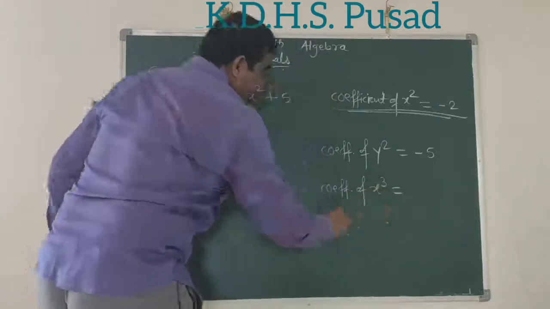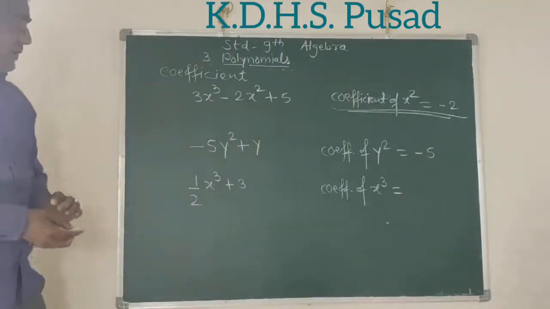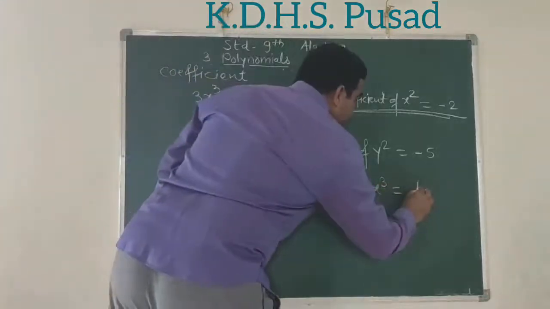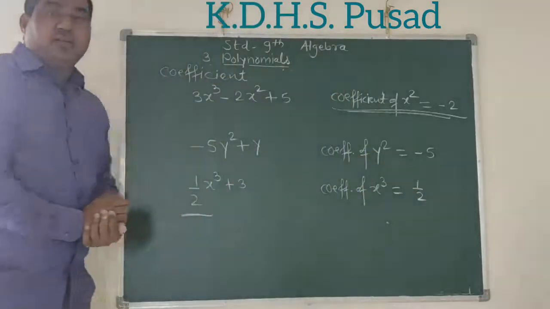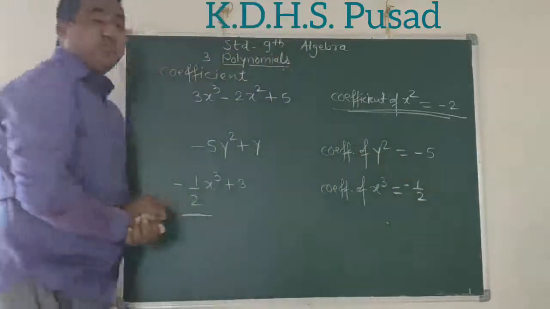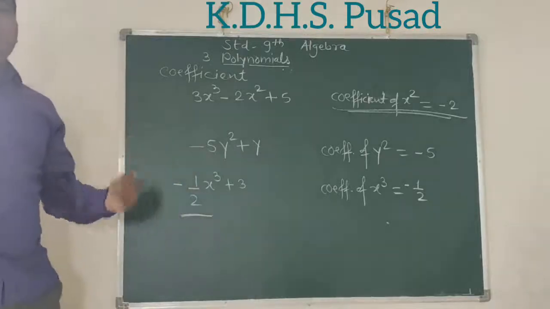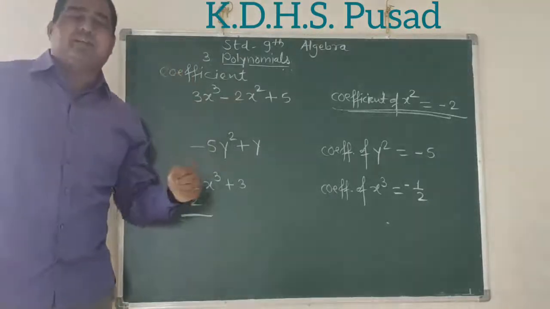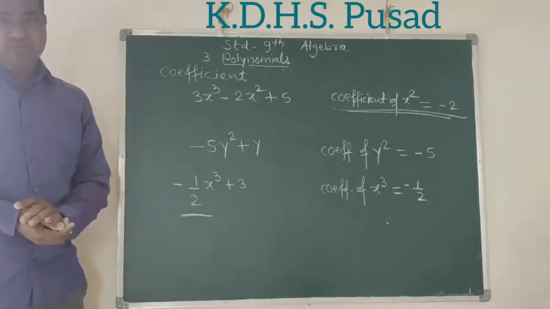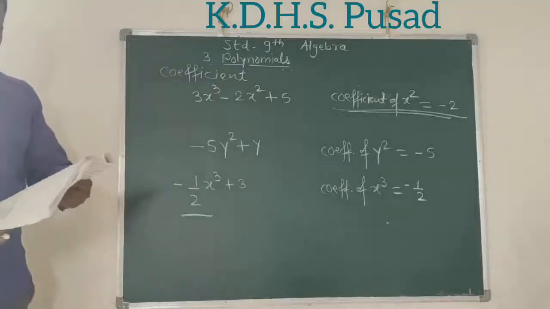Whatever integer is behind it, so here 1 by 2. If there is a minus sign, then there should be a minus sign. Okay. The integer behind the given term is called the coefficient of that term. I hope you understand coefficient now also.